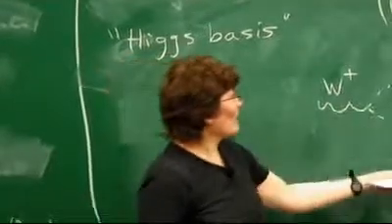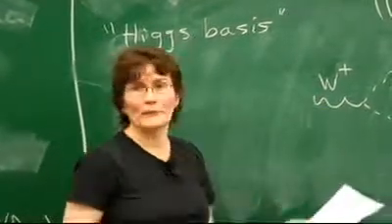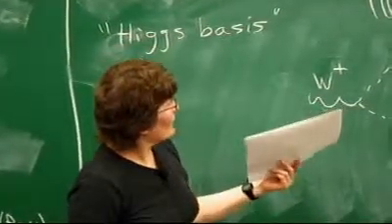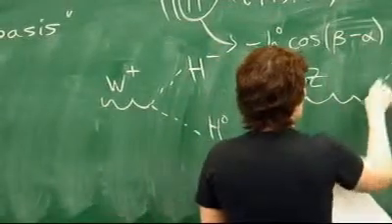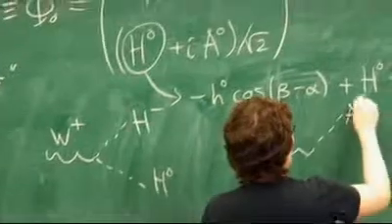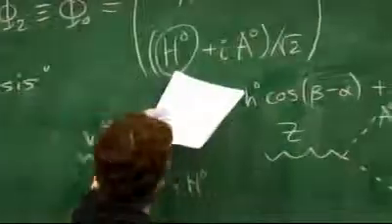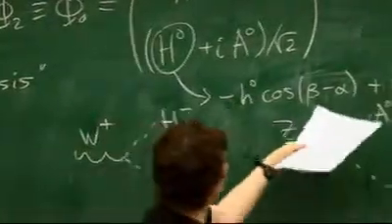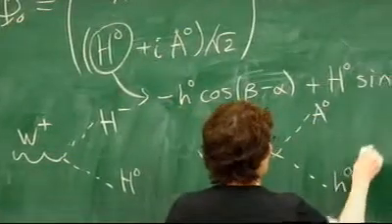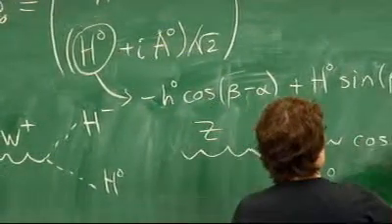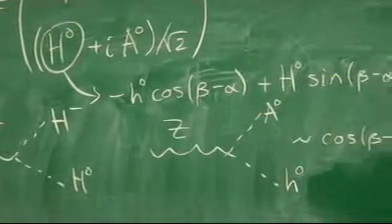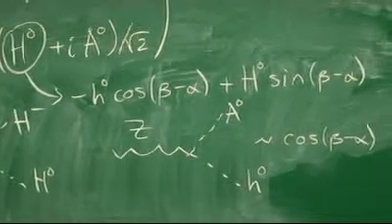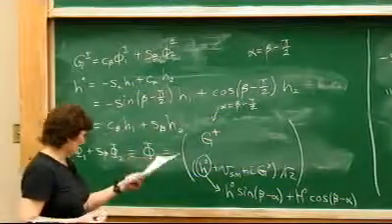Or W, H minus, and A. Those sorts of couplings. Okay, and similarly, you can get couplings of Z to the A and whatever else resides in the same doublet. So for example, if you want little h, this is going to go like cos beta minus alpha. Okay, so it goes to 0 in this standard model-like limit. So this is kind of a convenient way of thinking about things.